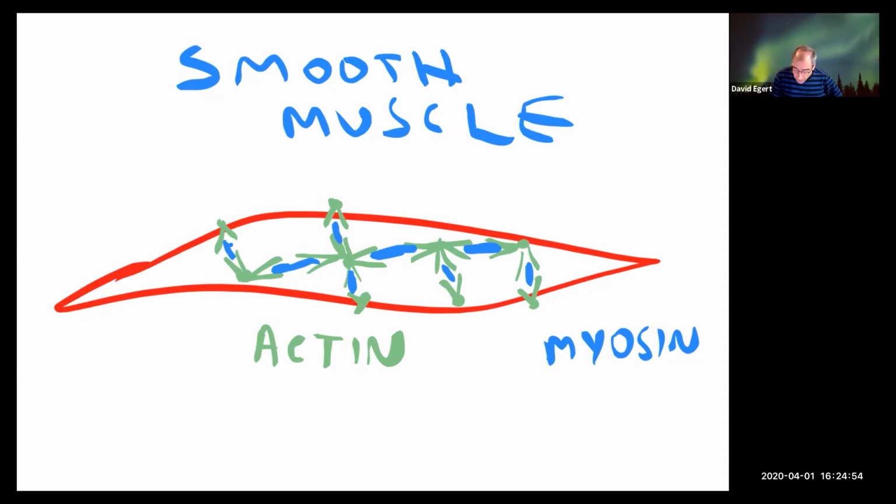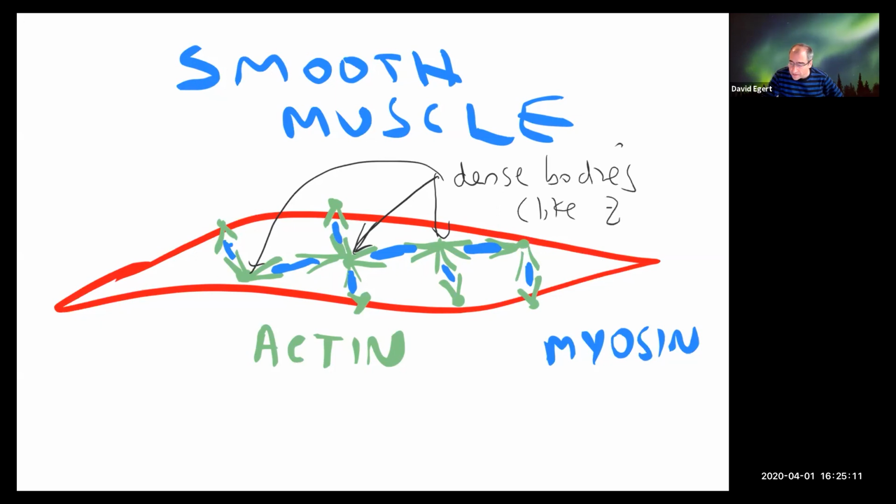And just for completeness, I am going to add in one more little word for you all. The little anchor points where all of the actin is connecting, those are called dense bodies. I like to think of them like the Z lines, because as the myosin pulls in against the actin, all the dense bodies get pulled closer together.